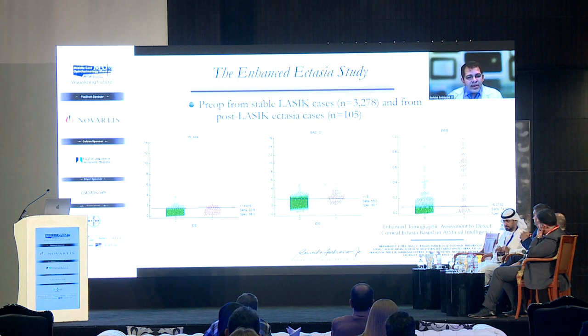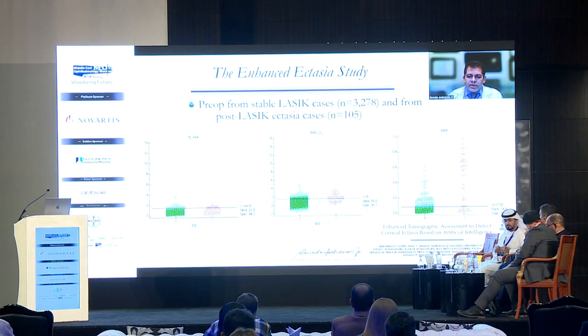The BAD-D will give you higher sensitivity, but with an advanced tomography pattern detected by AI, very nice work by Bernardo Lopes, we have the PRFI, the Pentacam Random Forest Index, with a higher sensitivity than the BAD-D.